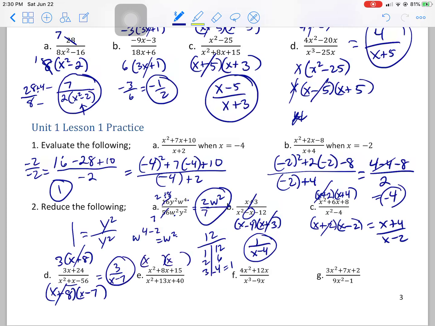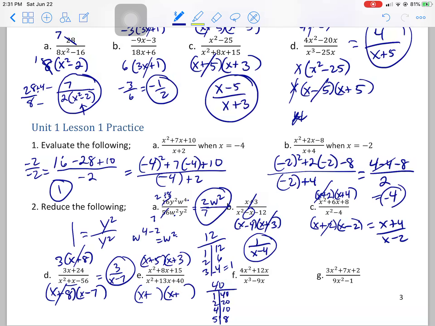See how we have to know how to factor plus, plus. 5 and 3. Plus, plus. Factors of 40. 1 and 40. 2 and 20. 3 doesn't go in. 4 and 10. 5 and 8.